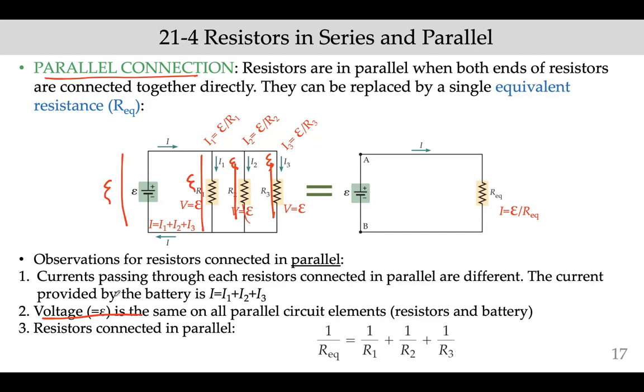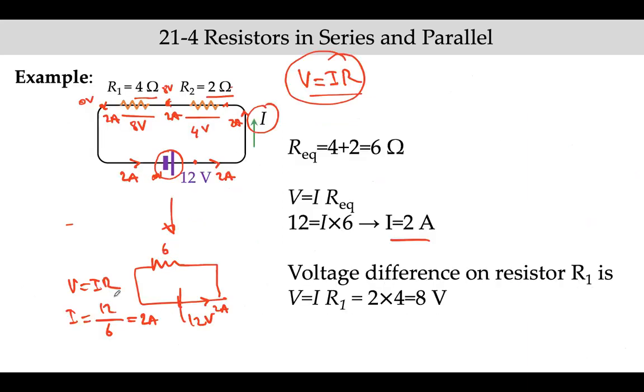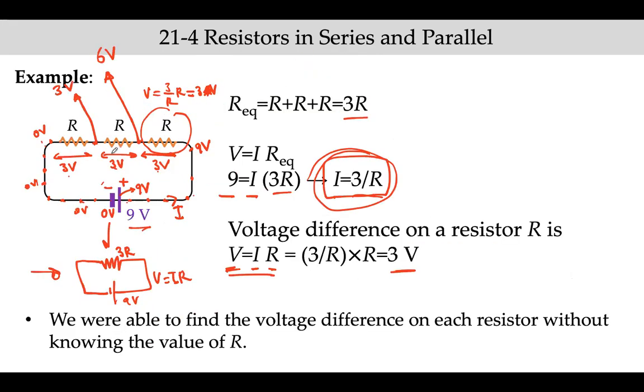If you remember the series connection, the current was the same everywhere, but the voltage was different. Maybe we can go back here. You can see that the current is the same, but the voltages are different. Or if you go back to this one, the values of voltages may even be the same, but in general they're different. But the current is the same.